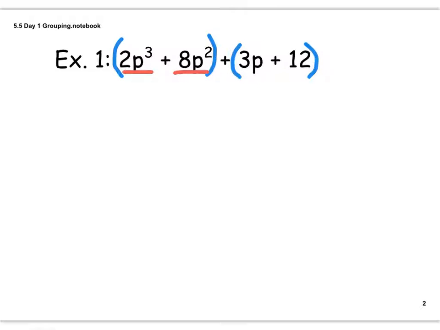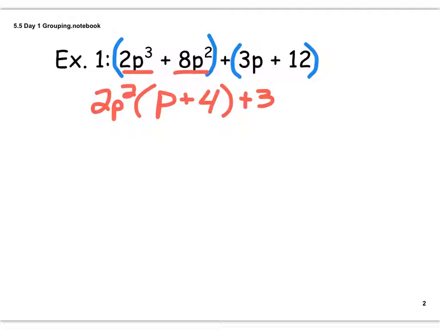I look for the greatest common factor that I can pull out of the left-hand side. That would be 2p squared. When I factor 2p squared out of both of those terms, I end up with p plus 4, since 8 divided by 2 is 4 and p squared divided by p squared is 1. On the right-hand side, I can factor a 3 out, and it's important that I put a plus 3 there.